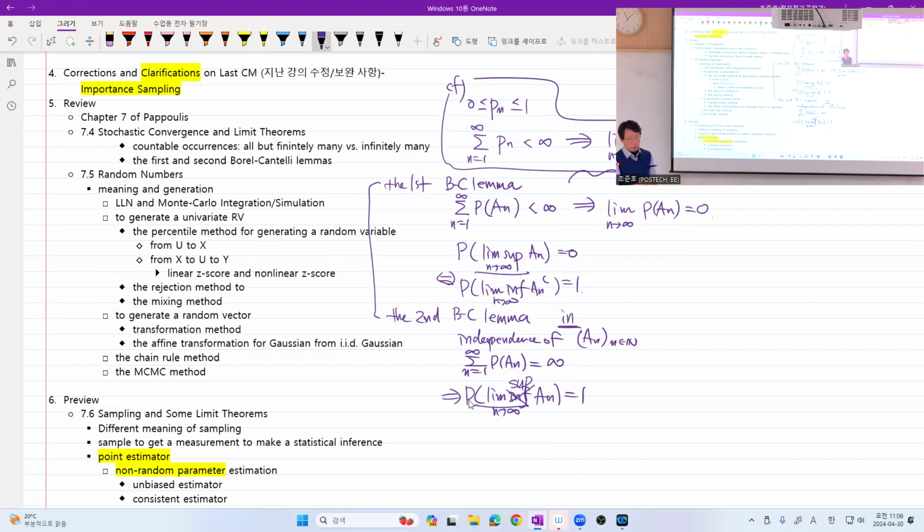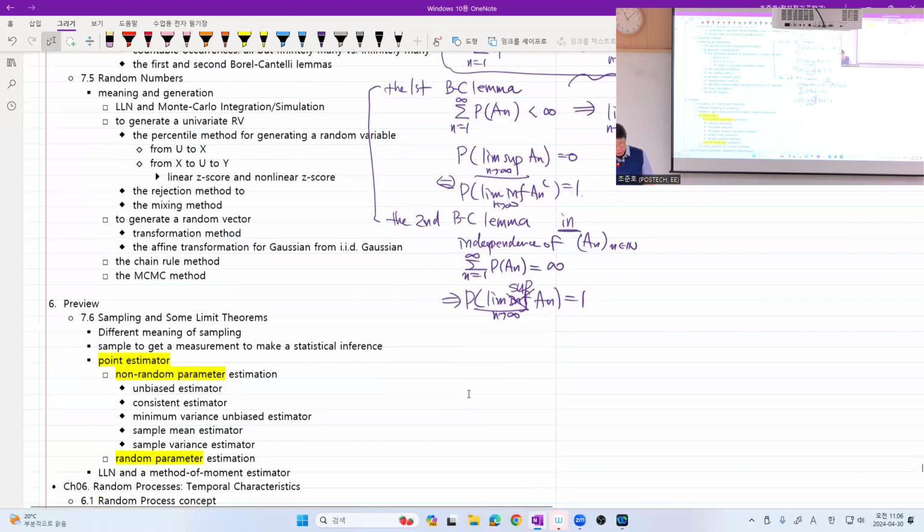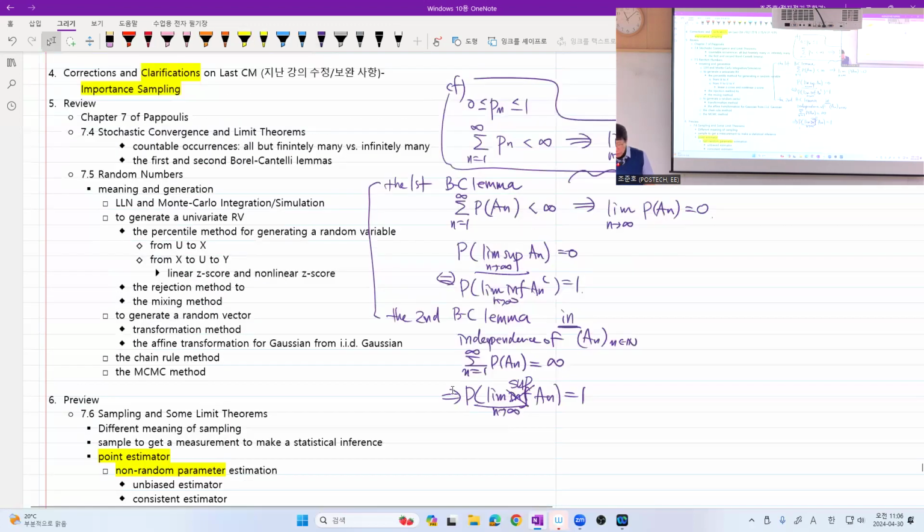So we use computers to generate pseudo random numbers. One of the reasons we need these random numbers is for Monte Carlo integration or simulation. Monte Carlo simulation or integration is used to find an integral of, for example, something like this. So you want to compute the integral of a function.